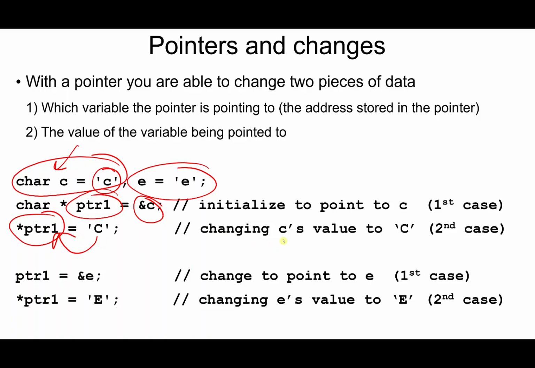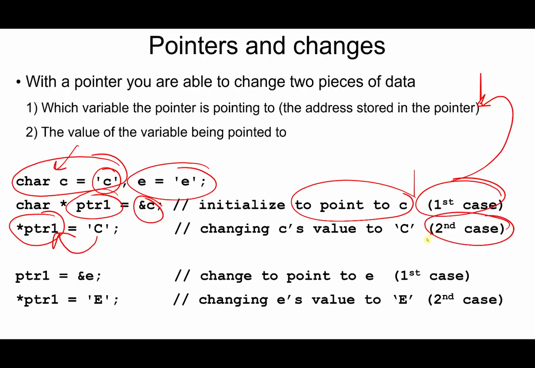Here is the first case, initializing to point to c, and the second case, changing the value, is this one. And I can reuse the pointer to point to e, to this variable now, and I can change the value of e from lowercase to uppercase.